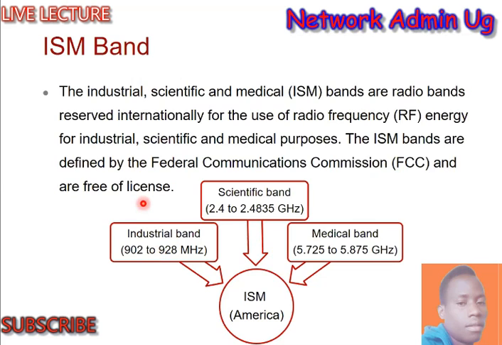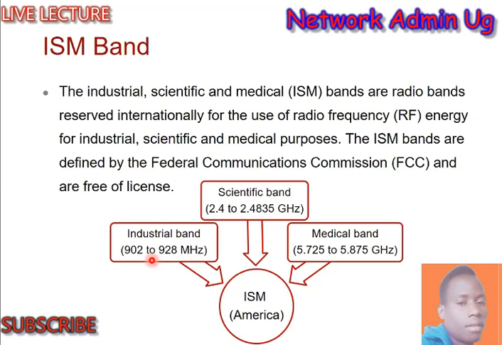Then, to talk about this industrial band just a little bit, it uses the frequency band of 2.4. In order to avoid interference among those communications, the devices use the 2.4 gigahertz frequency band.